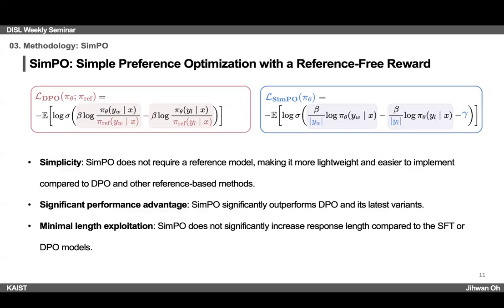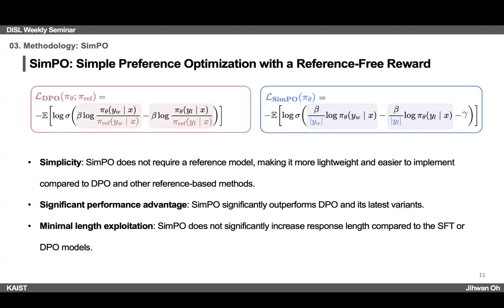The authors highlight three key benefits of SimPO. First, simplicity. SimPO does not require a reference model, which makes it more lightweight and easier to implement compared to DPO. Second, they report a significant performance advantage.